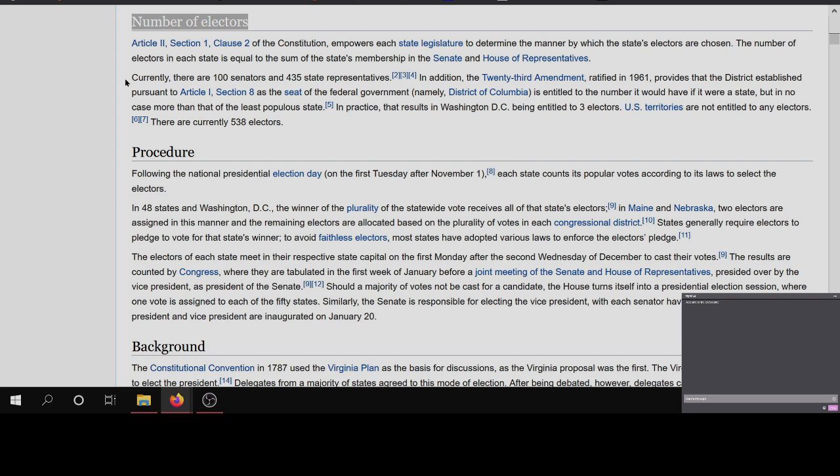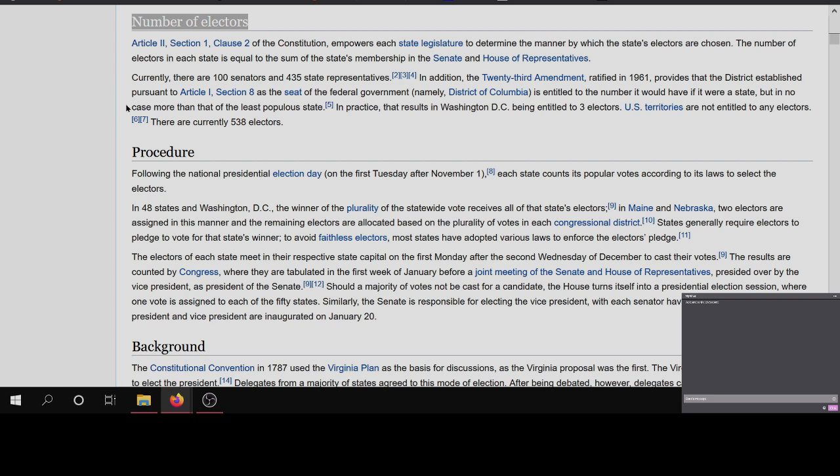In addition, the 23rd Amendment, ratified in 1961, provides that the district constituting the seat of the federal government, namely the District of Columbia, is entitled to the number of electors it would have if it were a state, but in no case more than that of the least populous state.